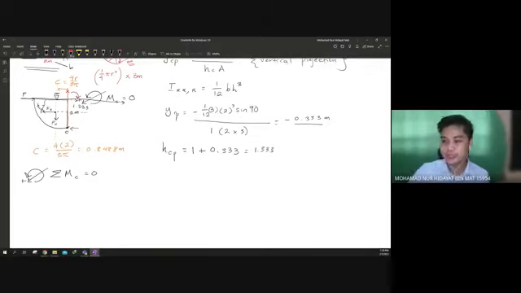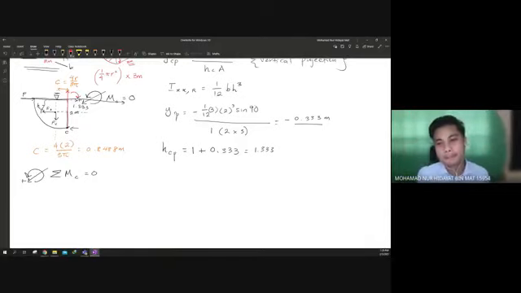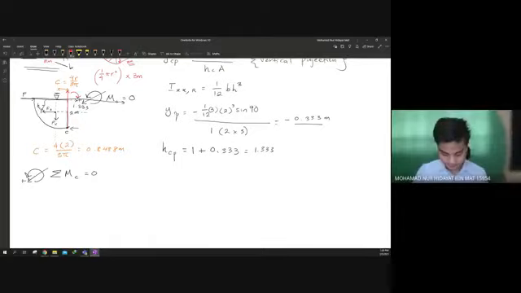Can you use your right hand rule here and then try to rotate? Your thumb facing into the page or out of the page? From C and then go to P. Your thumb is positive or negative? Negative. Okay. So negative P multiplied with 2.